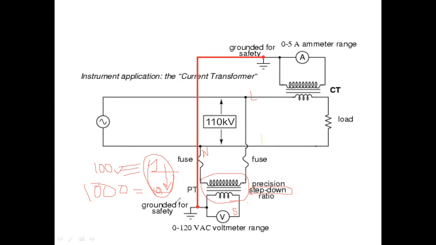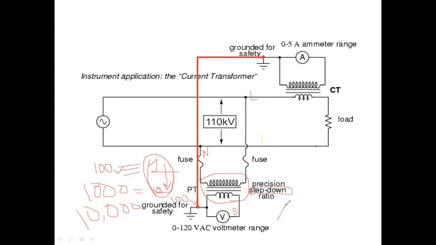If it is measuring 100 volt, then we can say this is 10,000 volt, because the step down ratio is 100 to 1. So we actually measure the low voltage, but the scale is set in such a way that it shows the voltage at the transmission line, because the ratio is the same.